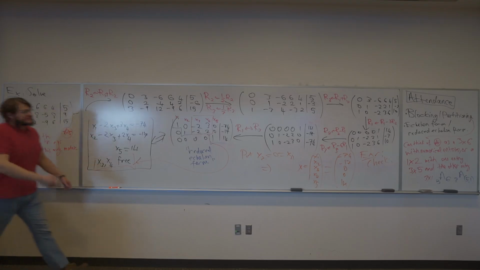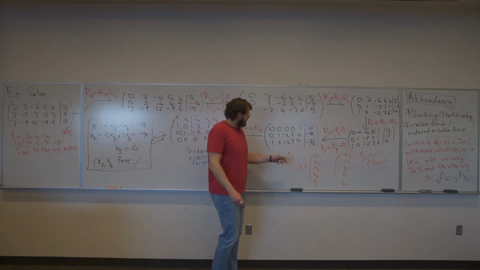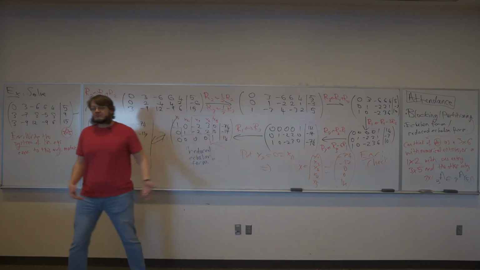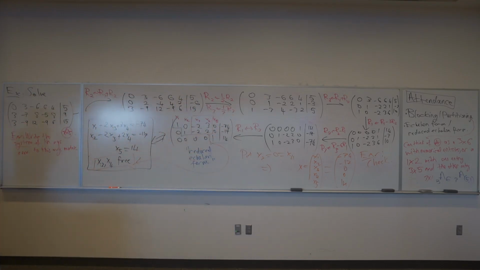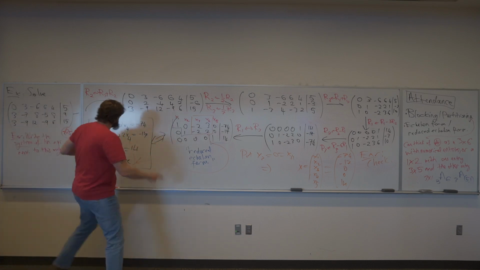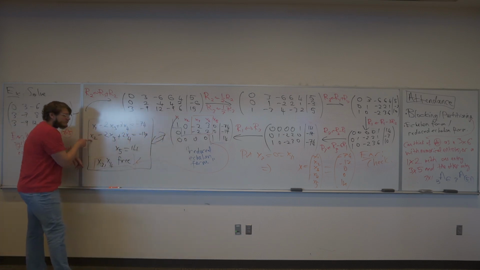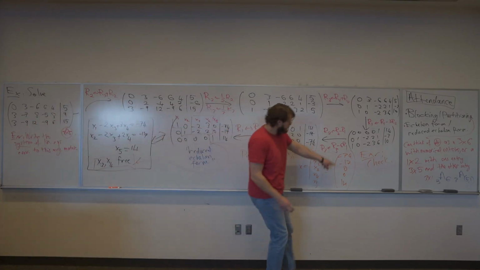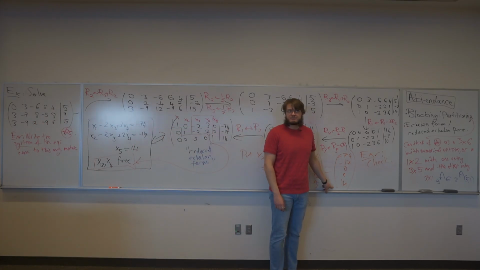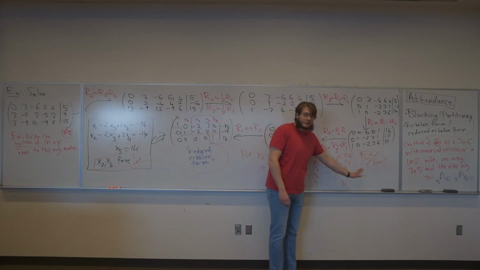If I were to use different values for x3 and x4, for instance, x3 equals 1, x4 equals minus 1, let's say. These are free. I get to choose them whatever I want. You see, based on these equations, the values of x1 and x2 would change. I would get a different tuple of numbers, and that too is going to be a solution.